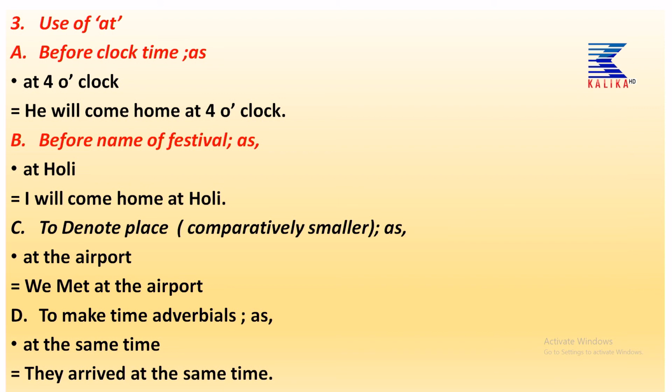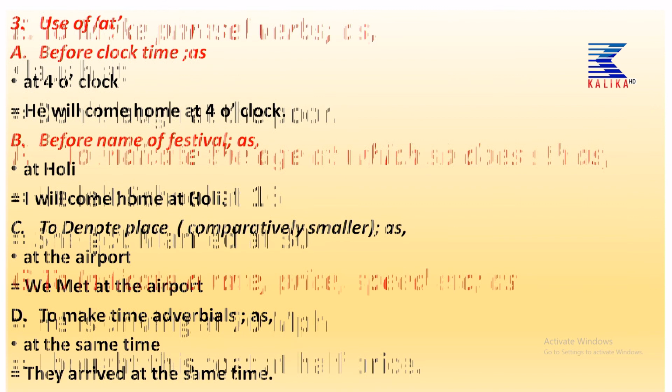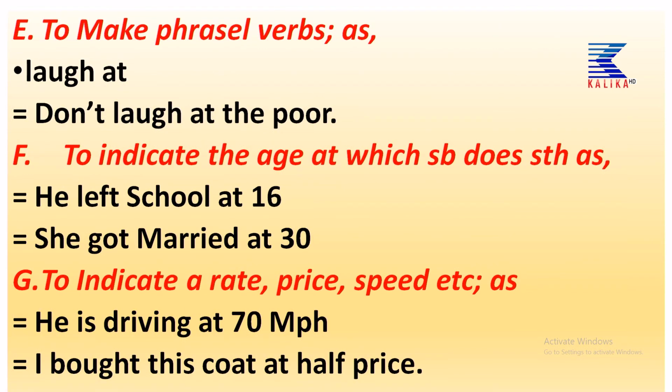Now, another use of at is to denote a comparatively smaller place, like at the airport. We met at the airport. To make a time adverbial also we use at, like at the same time. Like laugh at. So, as a sentence, don't laugh at the poor.